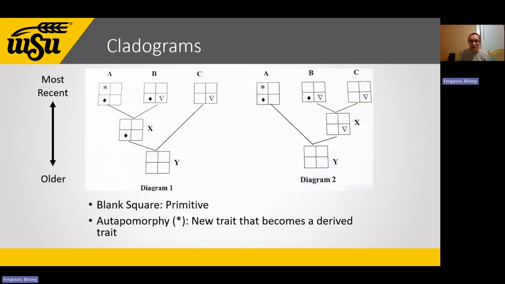And you see that B and C are both going to also have that trait. So when you're looking at species B and C over here compared to X, then you could say that B and C share a primitive trait in the form of this upside down triangle. Now, when you're talking about this X species compared to this Y species, this upside down triangle would be a derived trait because it is a new one.